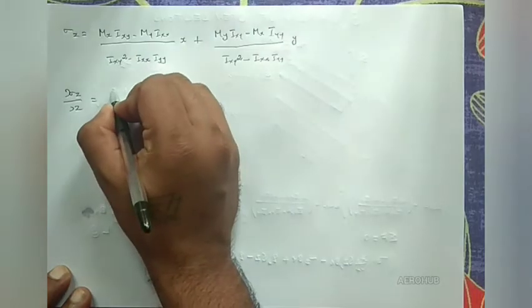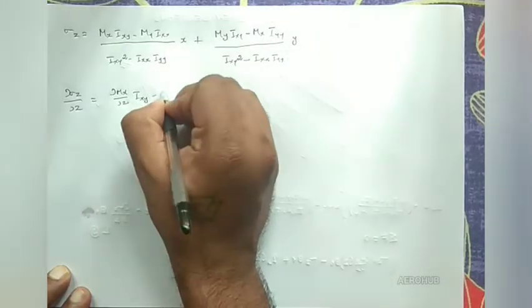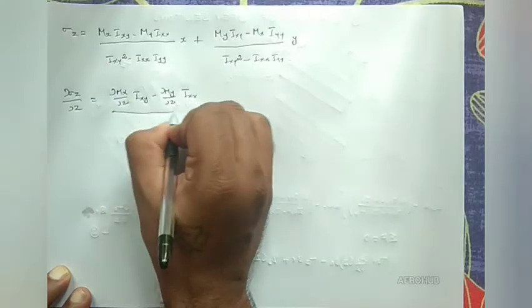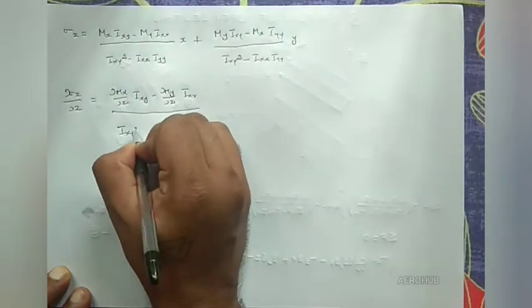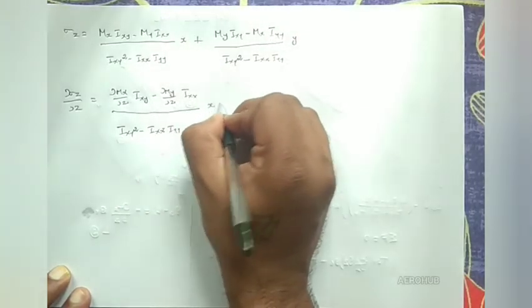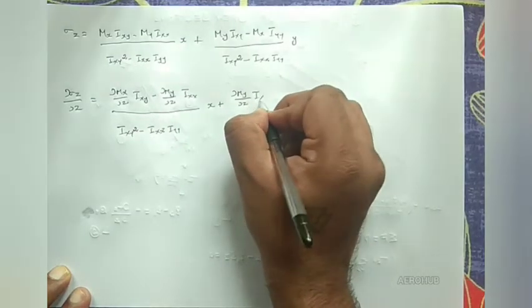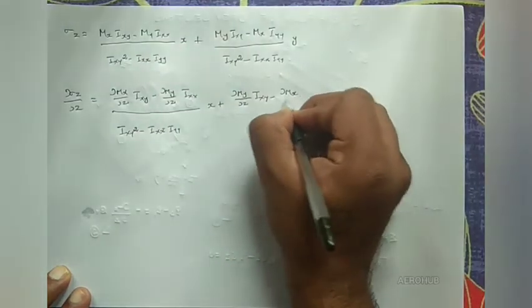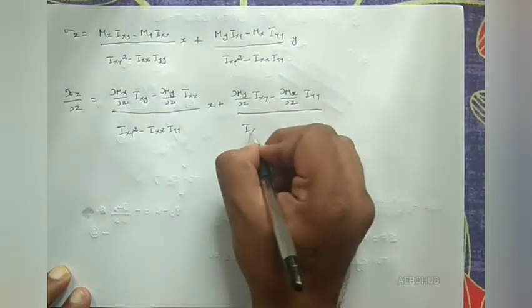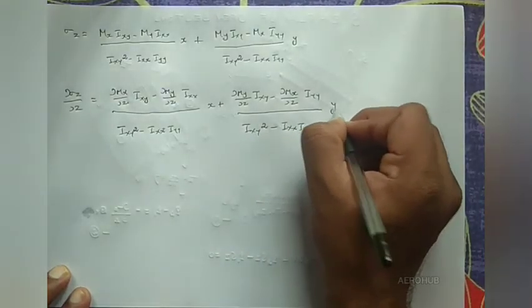So I will write: [(∂Mx/∂z)Ixy − (∂My/∂z)Ixx] / (Ixy² − IxxIyy) into x, plus [(∂My/∂z)Ixy − (∂Mx/∂z)Iyy] / (Ixy² − IxxIyy) into y.